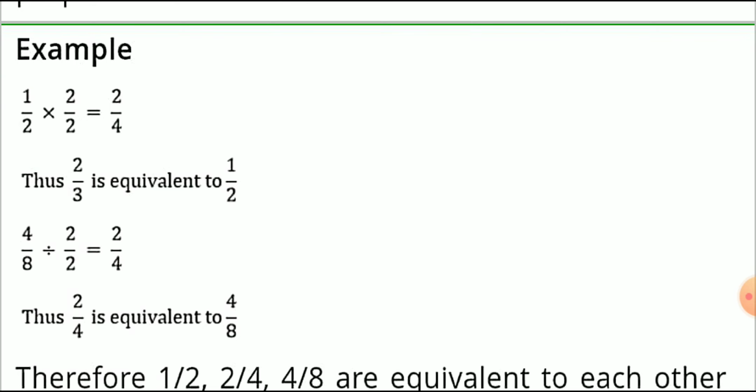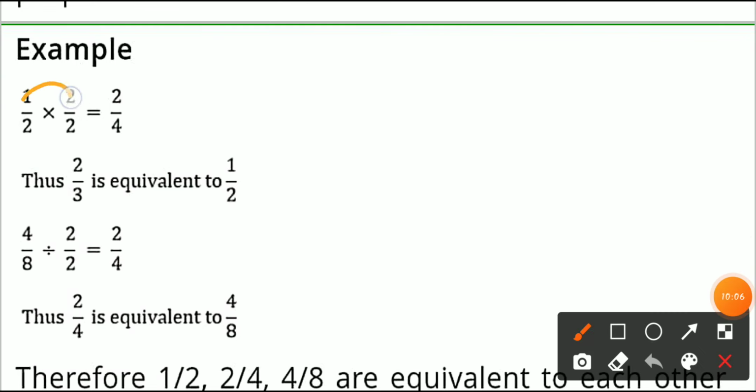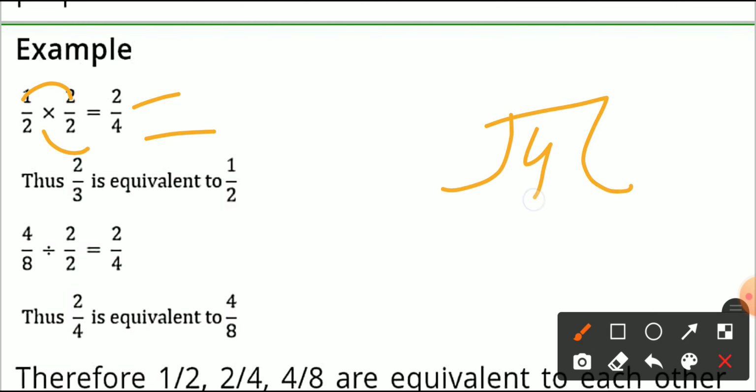Hope you understand how you are doing it. If you have doubt, see, 2 ones are 2 and 2 twos are 4. If you divide 4 by 2, we know that 2 twos are 4, so the answer is 2.